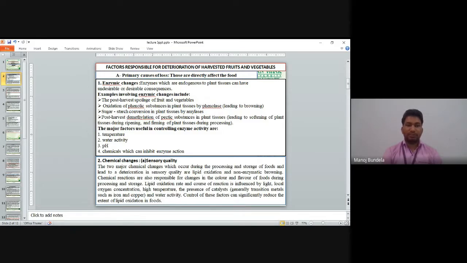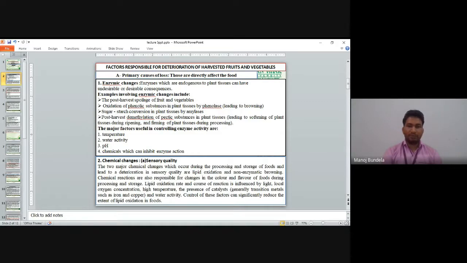So next is chemical changes. Second one is chemical changes. Chemical changes involve the sensory quality. The two major chemical changes which occur during the processing and storage of fruits and vegetables and lead to deterioration in the sensory quality are lipid oxidation and non-enzymatic browning.